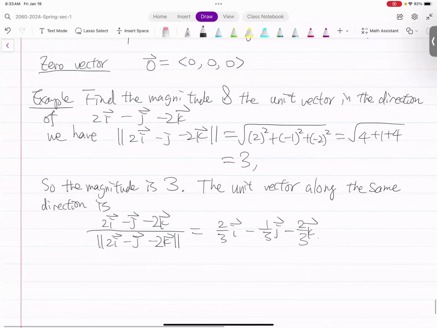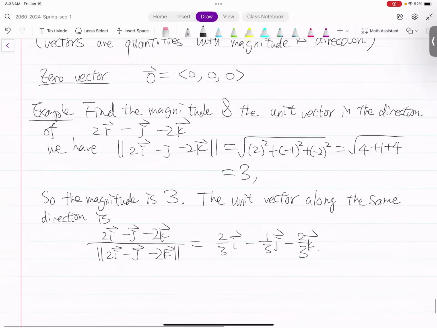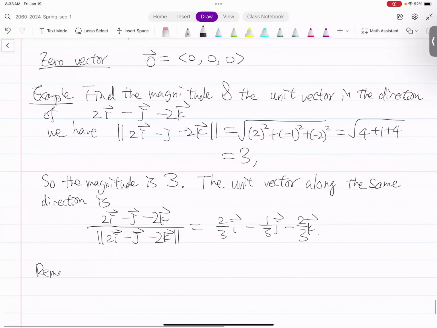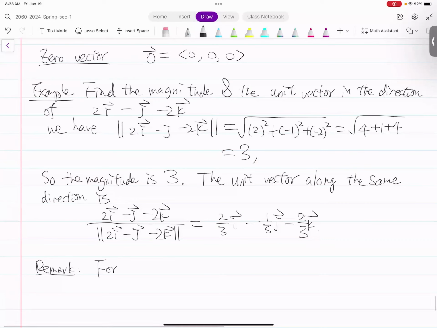Remark. So everything is actually not really complicated so far. We realize that we can also extend everything we have introduced so far into higher dimensions.